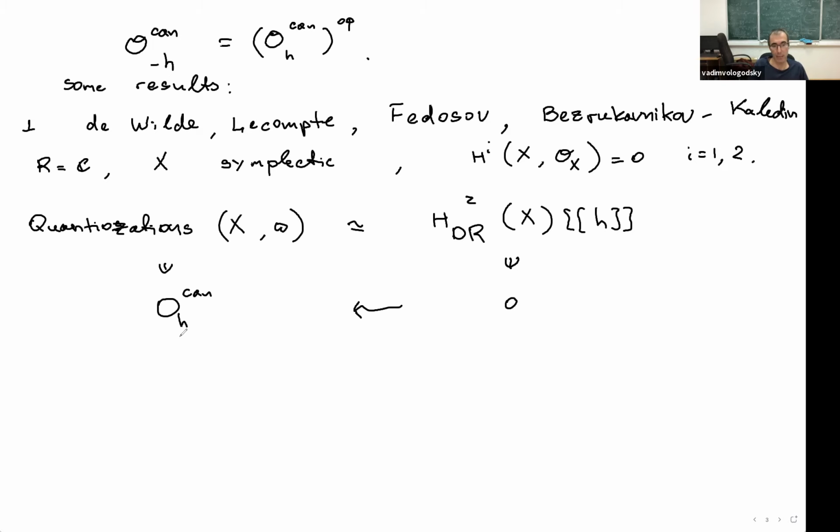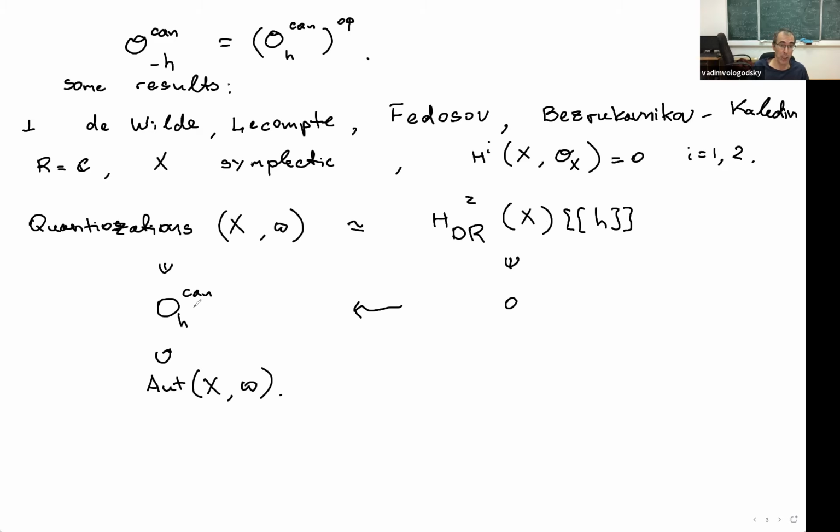So what do I mean by saying that the quantization is canonical? In particular, I mean that the sheaf of algebras is equivariant with respect to everything that acts on this symplectic variety. So it's equivariant with respect to symplectic automorphisms of (X, omega), right? For example, if my symplectic variety is the cotangent bundle, then this canonical quantization coincides with the differential operators twisted by the square root of the canonical bundle.